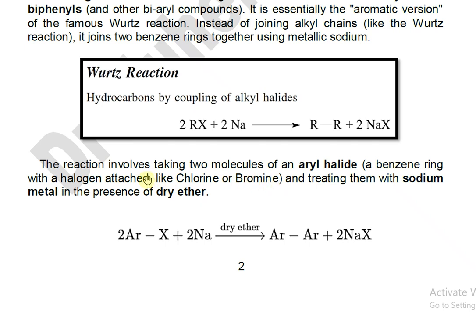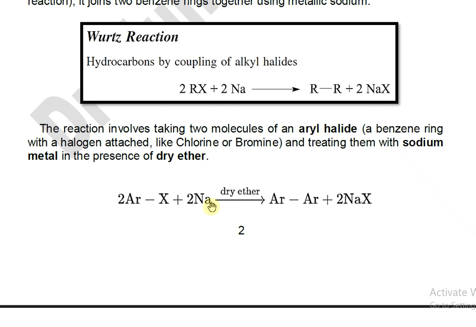The halogen used here will be chlorine or bromine, and we treat them with sodium metal in the presence of dry ether. The ether here must be dry, because if we have a small amount of water it can react with the sodium and the reaction will not go well. So the reaction is easy.